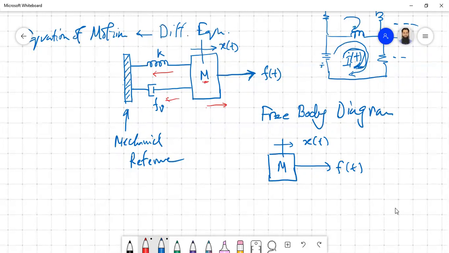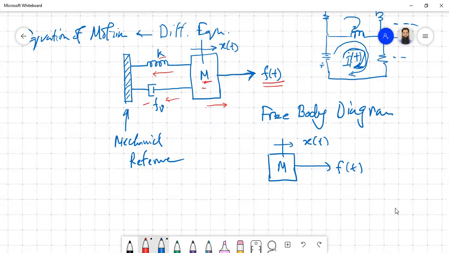So whatever the force is, this is the energy supplying component, and these three, just like R, L, C, are energy absorbing or passive components. The energy absorbing or dissipating components will be in the reverse direction.